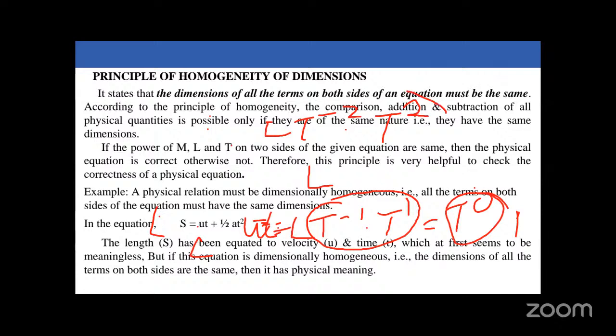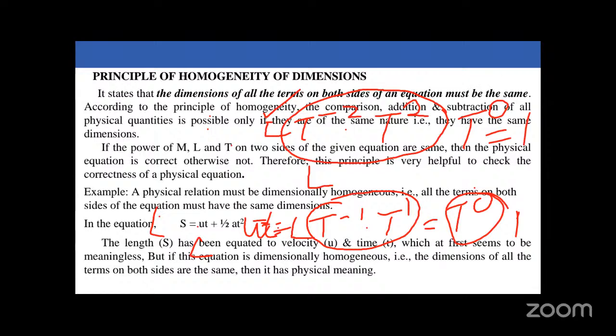Now, if we take the indices of this common term, t, we have minus 2 plus 2 will give us t raised to 0. Again, t raised to 0 is 1, implying that we have only L left.